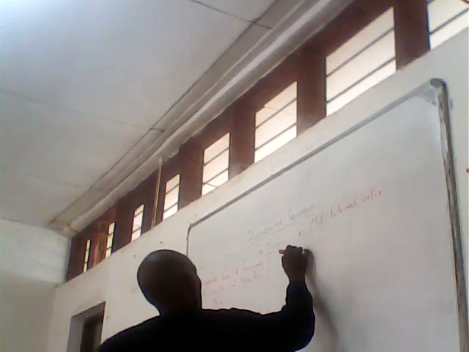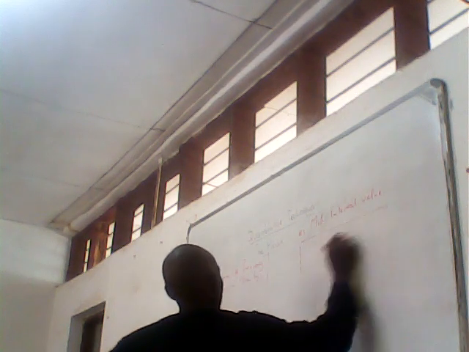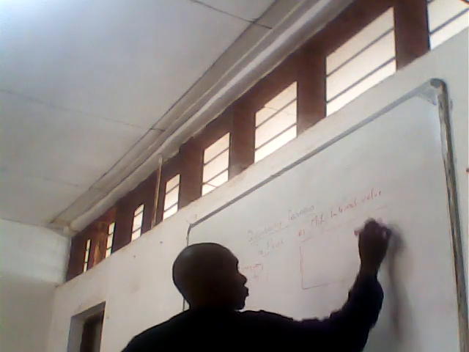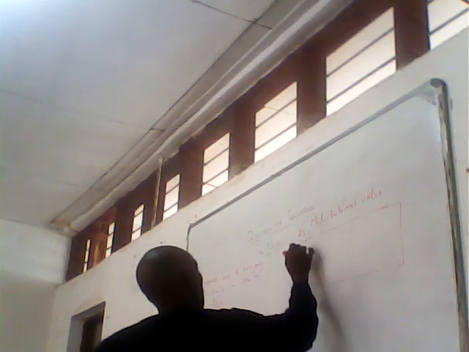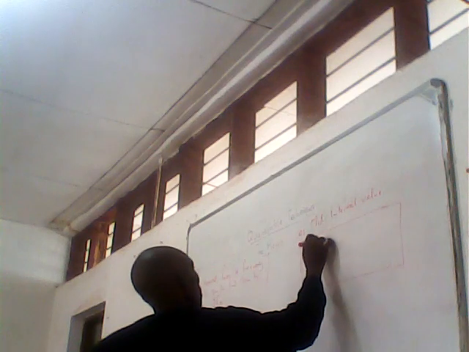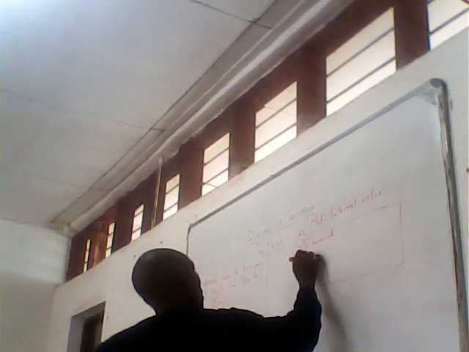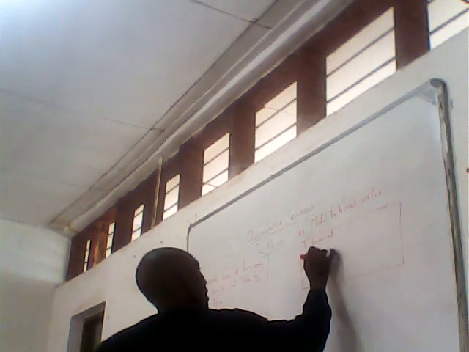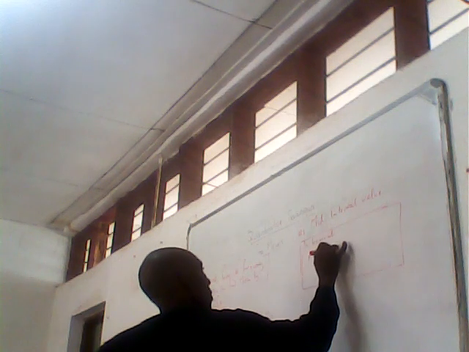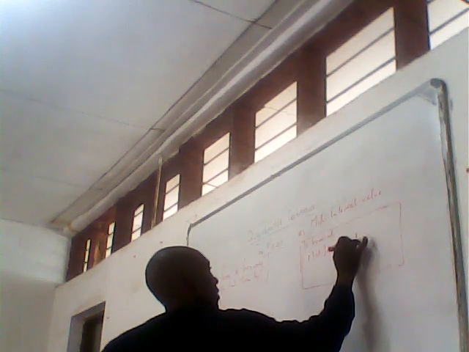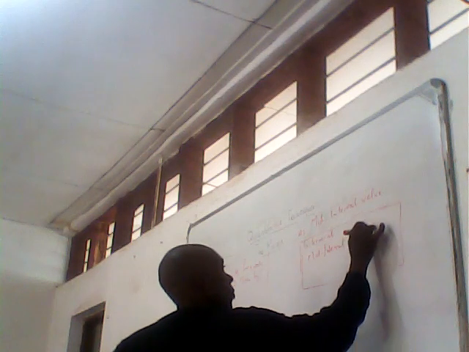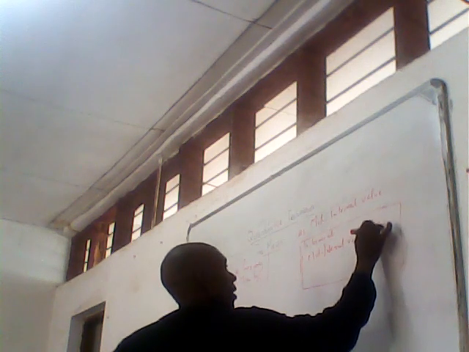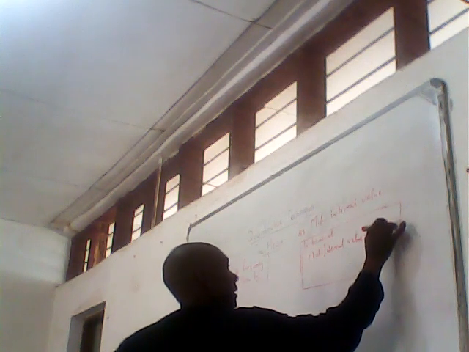Hence, in general, mean interval value is equal to half lower bound plus upper bound.